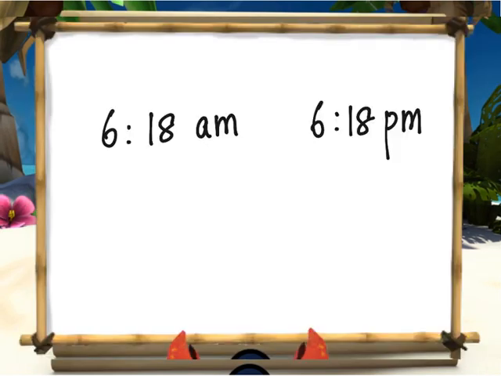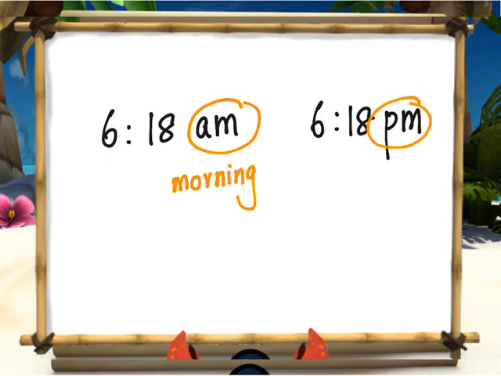Okay, there are two times here. One is 6:18 a.m. and the other time is 6:18 p.m. At 6:18 a.m., most probably you will wake up in the morning and get ready for school. So that only happens in the a.m. That means that will be morning. And at 6:18 p.m., you would be more likely to be eating dinner.